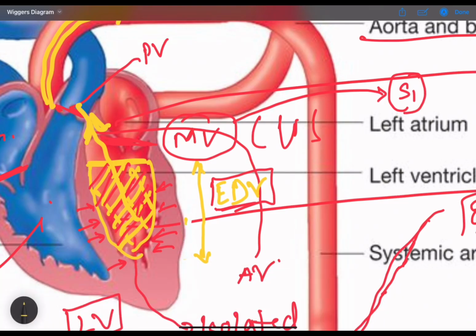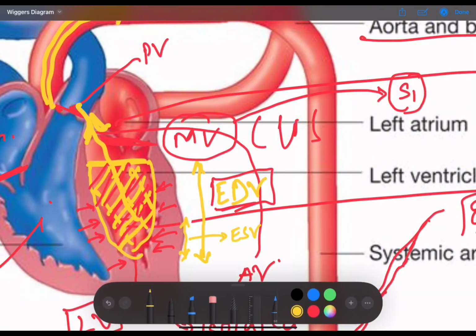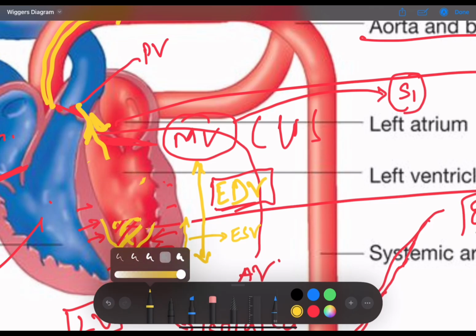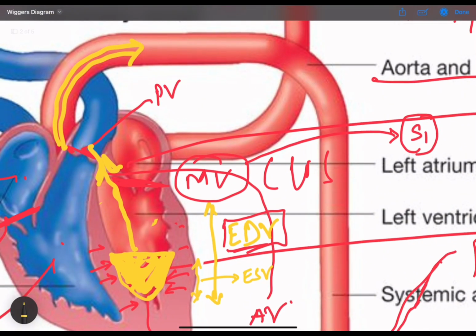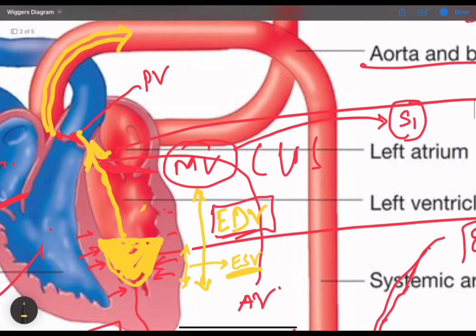After contraction, the volume left within the left ventricle is known as end systolic volume. Most of the blood within the left ventricle has left, and the new volume within the left ventricle is known as end systolic volume.